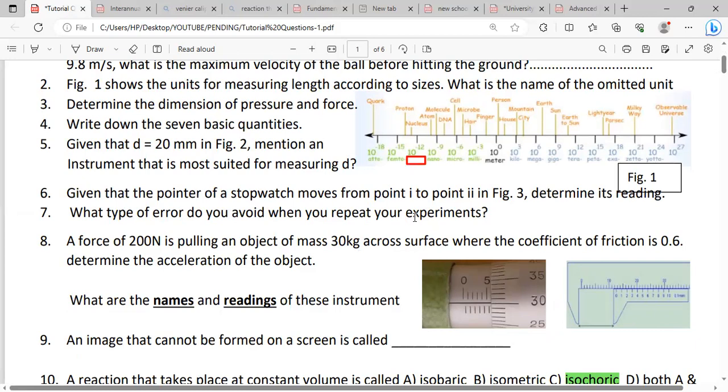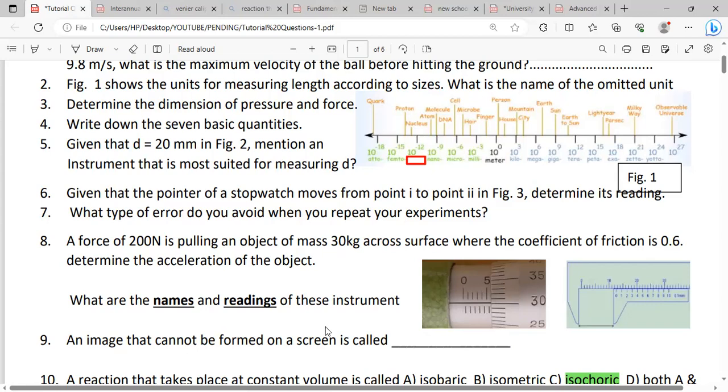The type of error you avoid when you repeat your experiment is the random error. So the random error is avoided through repetitions and averaging. That's how far I can go.